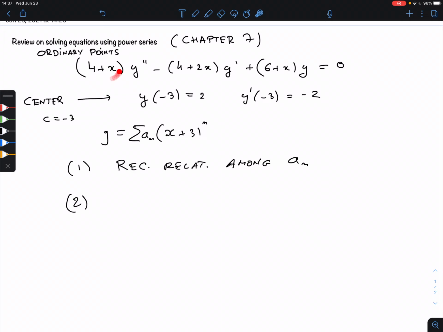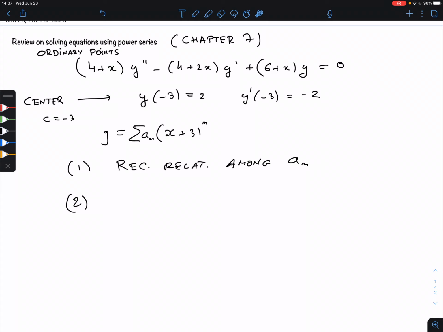This factor here would be x plus 4, so the problem is at minus 4, where the solutions will be ill-defined. I'm not going to say too much about it, and I'm saying most likely because we're only touching the tip of the iceberg here, but it gives a restriction on how far my radius of convergence can go.